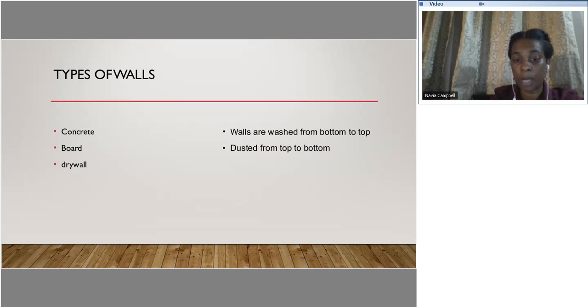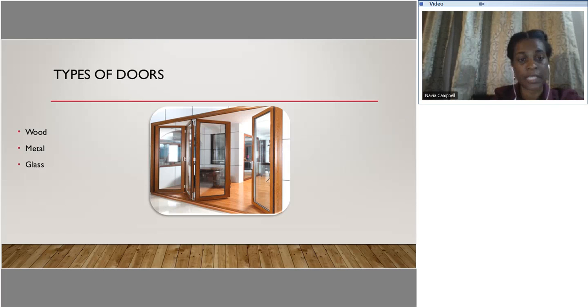Let us take a look at types of walls. Walls are typically made from concrete, board, or drywall. Walls should be washed from bottom to top. However, they are dusted from top to bottom.